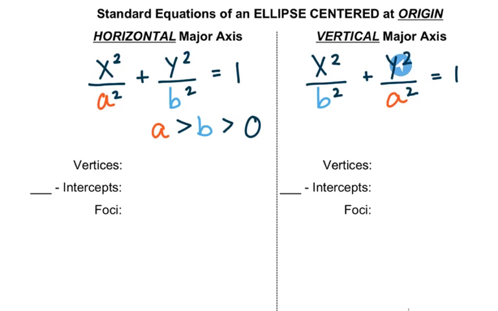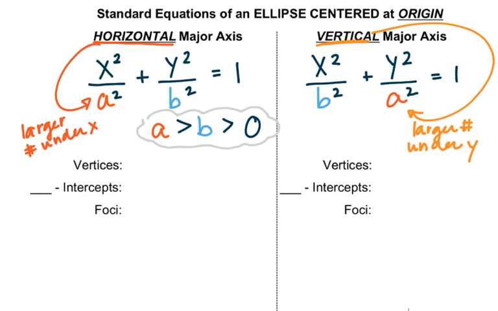Over here, when we have the larger number a under y, it is vertical. All right, so this is a really important key for us to remember. The larger number is under x for a horizontal, and the larger number is under y for a vertical.